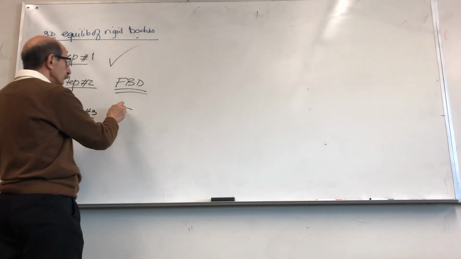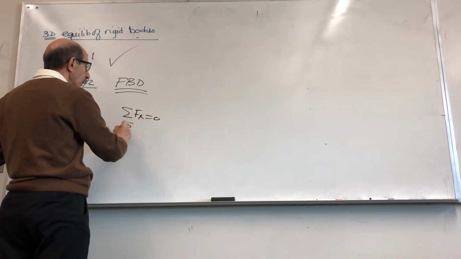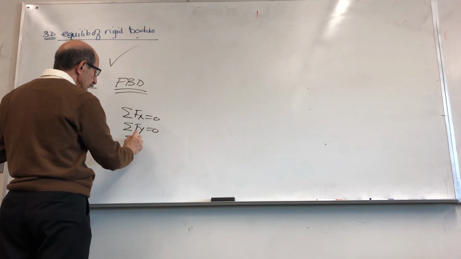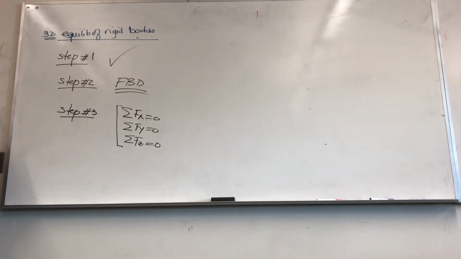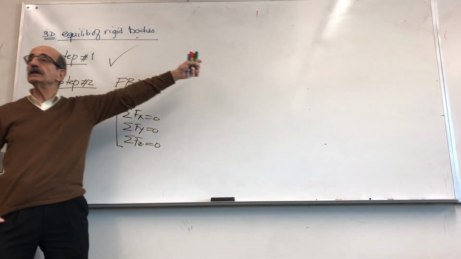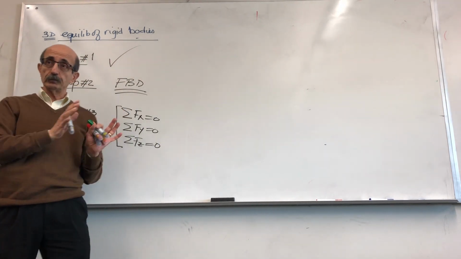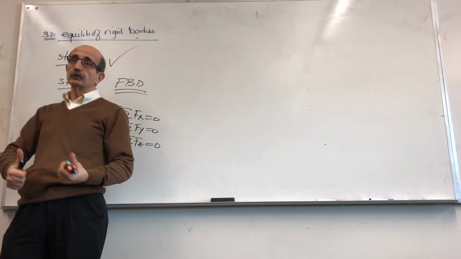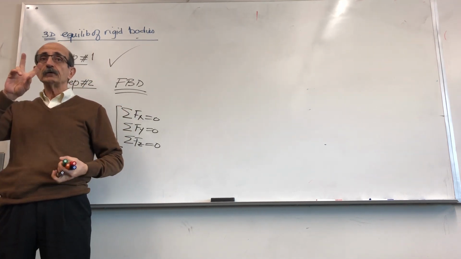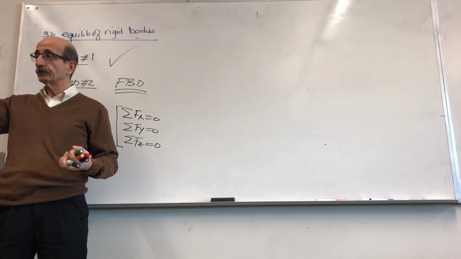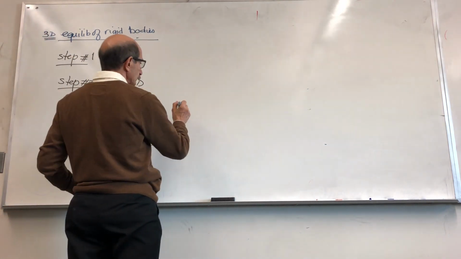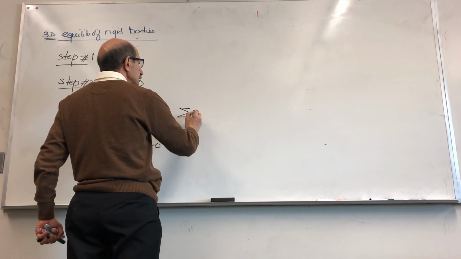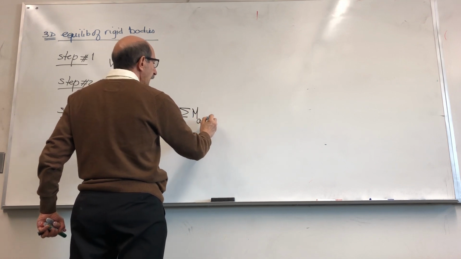is you have 6 equations of equilibrium. Summation of forces along X, Y, and Z is equal to 0, and summation of moments is equal to 0. When it comes to summation of moments in 2D, I said that the easiest way to approach these problems is to start with summation of moments, because you can take the moment about the point of intersection of 2 unknowns and get rid of those. The equivalent of that in 3D, what I recommend, though you don't have to follow it, would be summation of moments about an axis.